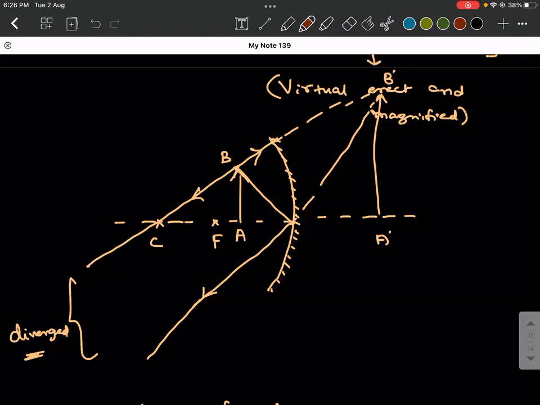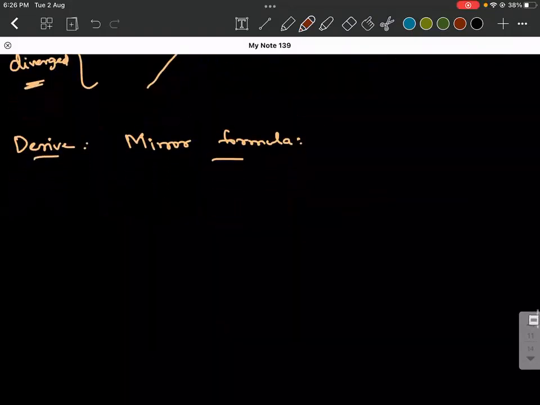Done. Yes, sir. Okay. Now we'll see the derivation of the mirror formula.